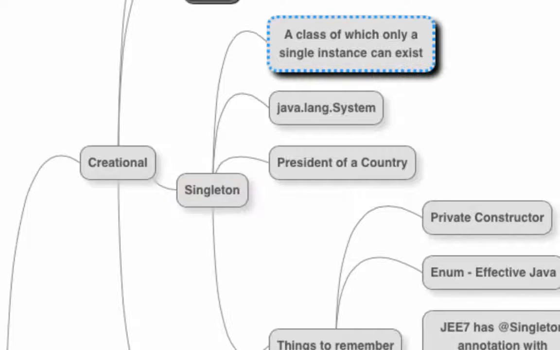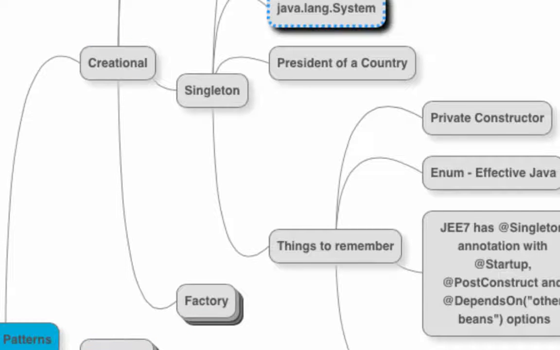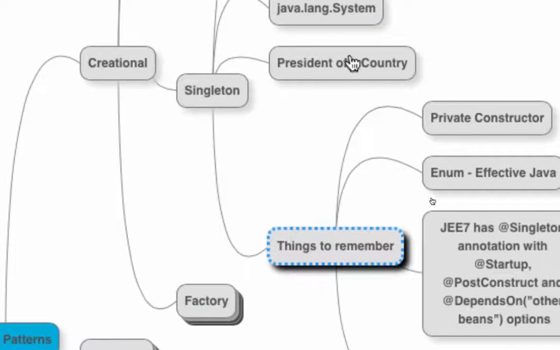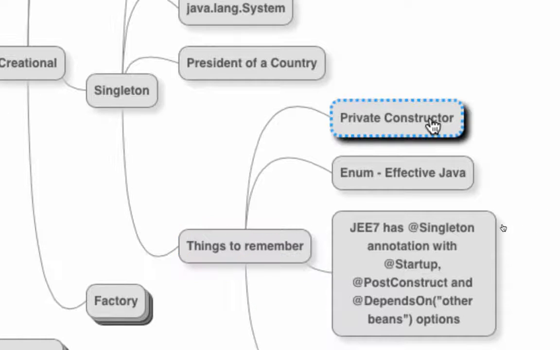So you'd have one instance in each of these JVMs. And also there are a few things that you need to be concerned about implementing a singleton. The first one is you should definitely make the constructor private. So for a singleton class, it's better to make the constructor private.